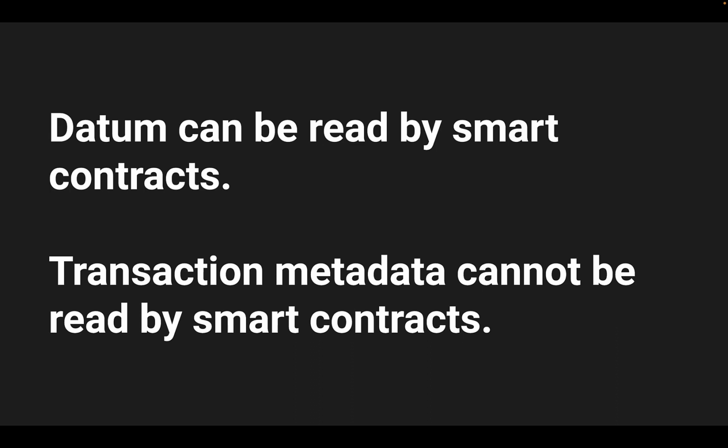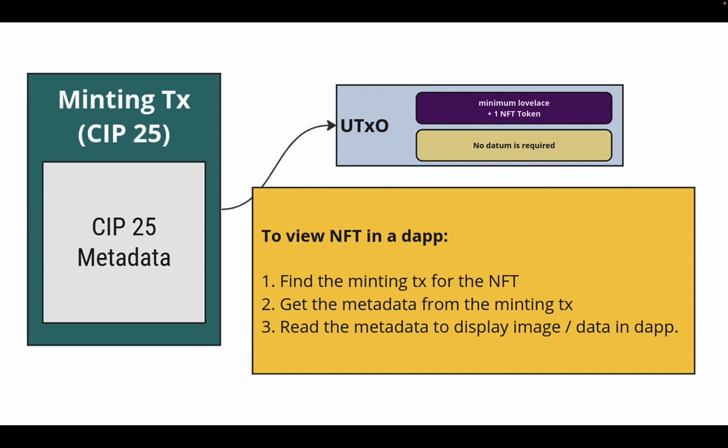First of all, datum can be read by smart contracts. This was a big limitation of transaction metadata, and therefore it's a technical limitation of all NFTs minted with CIP25. Transaction metadata cannot be read by smart contracts. Additionally, the way we would build applications changes.